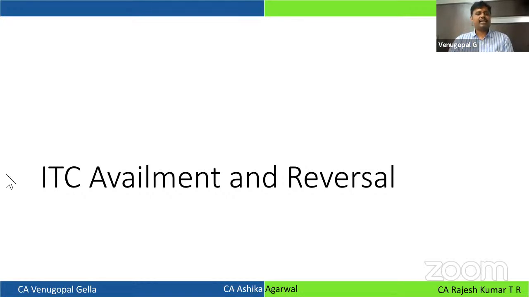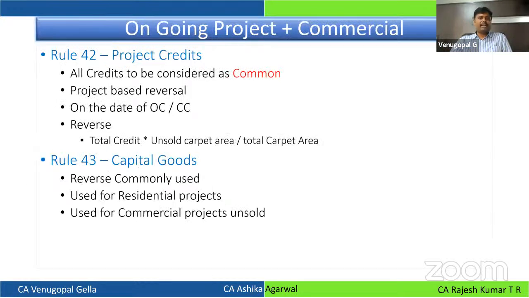So again, rule 42 has been amended, where they said that there is no question of taxable and exempted credits. In the common rule 42, we have this terminology T1, T2, T3, T4, C1, C2, D1, D2, all those complicated math. All that is gone in the case of real estate.